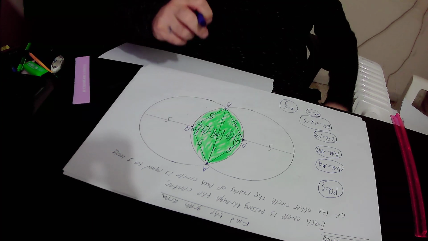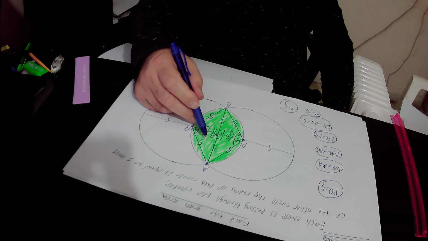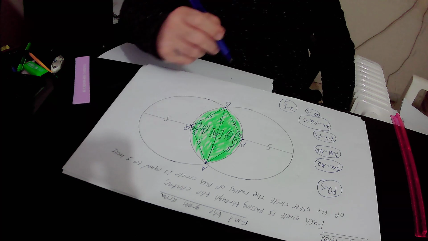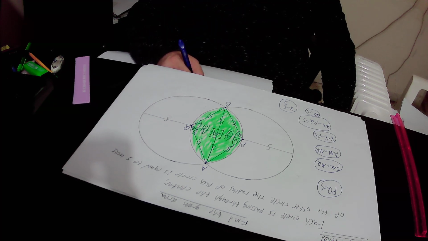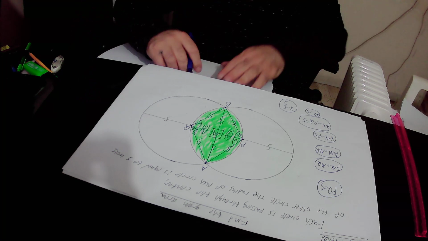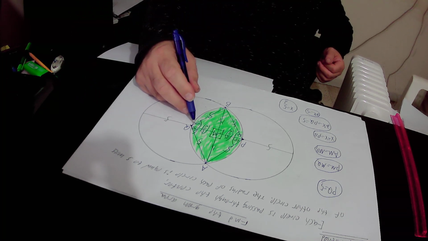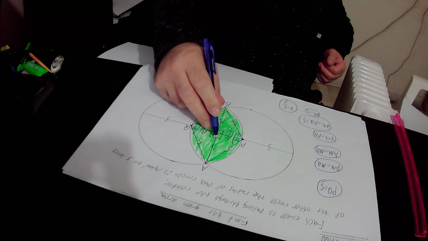If we focus on the right triangle AMQ, we know that sine 60 degrees equals h over 5.